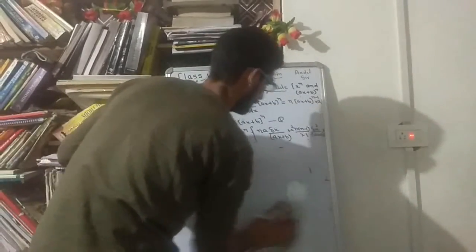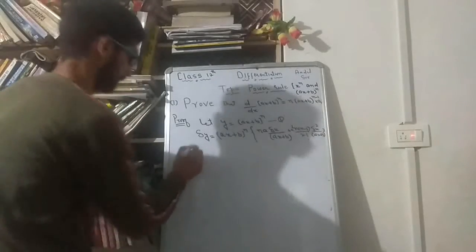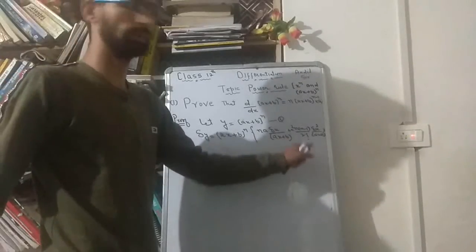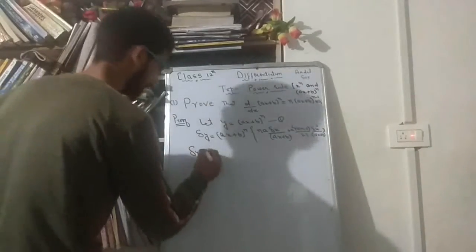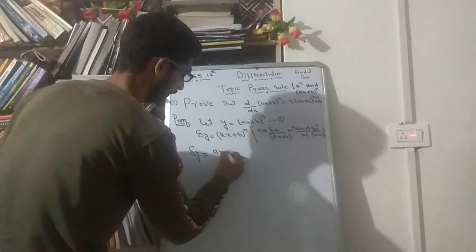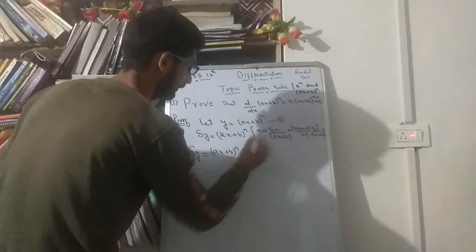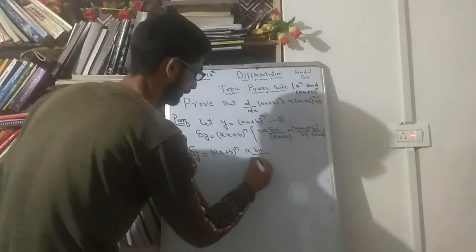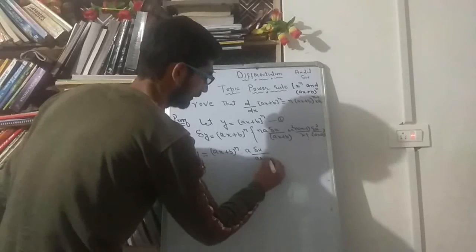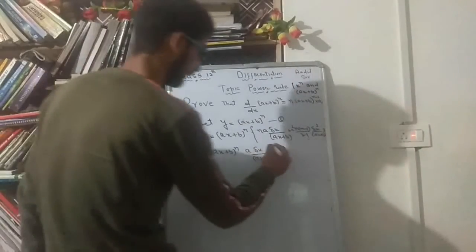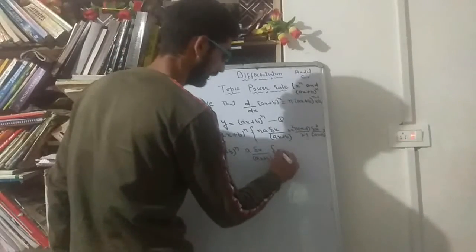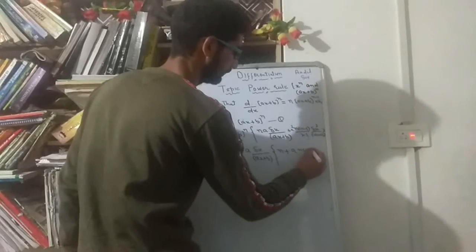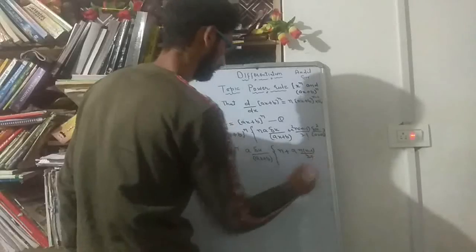Now, just as we did in the previous result, you can make this del x divided by ax plus b common, because it is everywhere. So you make this common, it will become (ax plus b) raised to the power n, then a del x divided by ax plus b, and inside it will be n plus a into n into n minus 1 divided by 2 factorial.